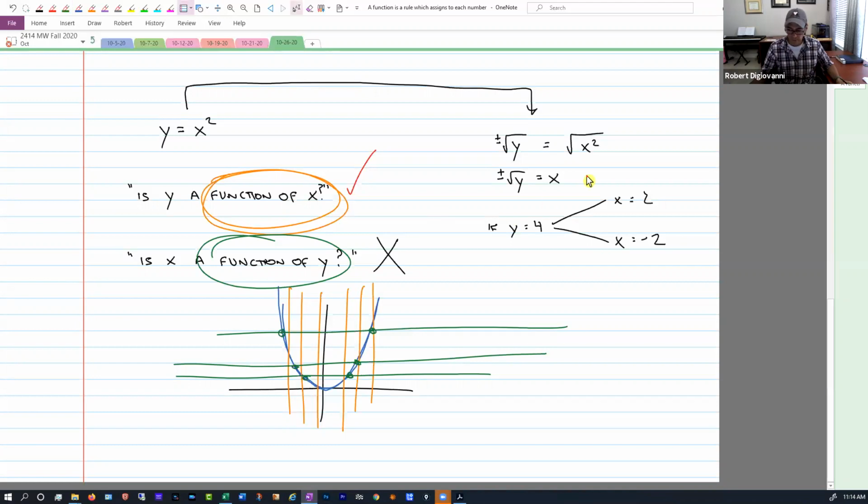All right, now, why is this important? Well, let's take a look at a problem. Sketch the region bounded by these curves and find the area.